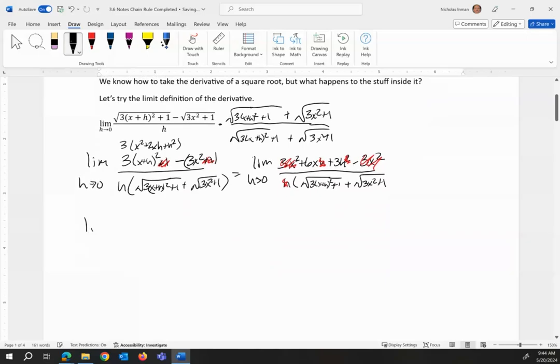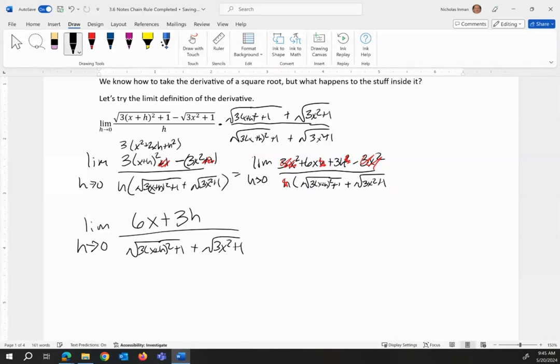So we have the limit as h approaches 0 of 6x plus 3h over the denominator. Since there is no longer just that random h on the bottom, we can plug in 0 for our h. We can direct evaluate now.